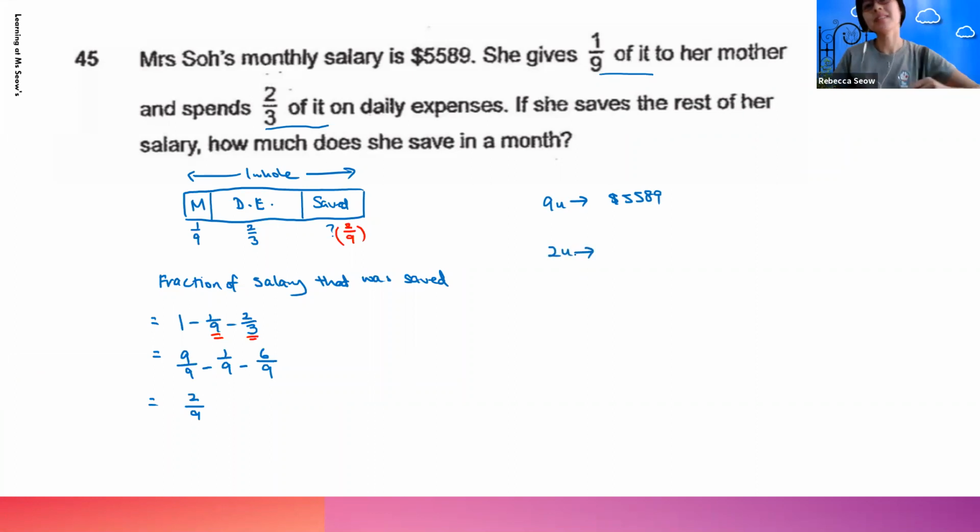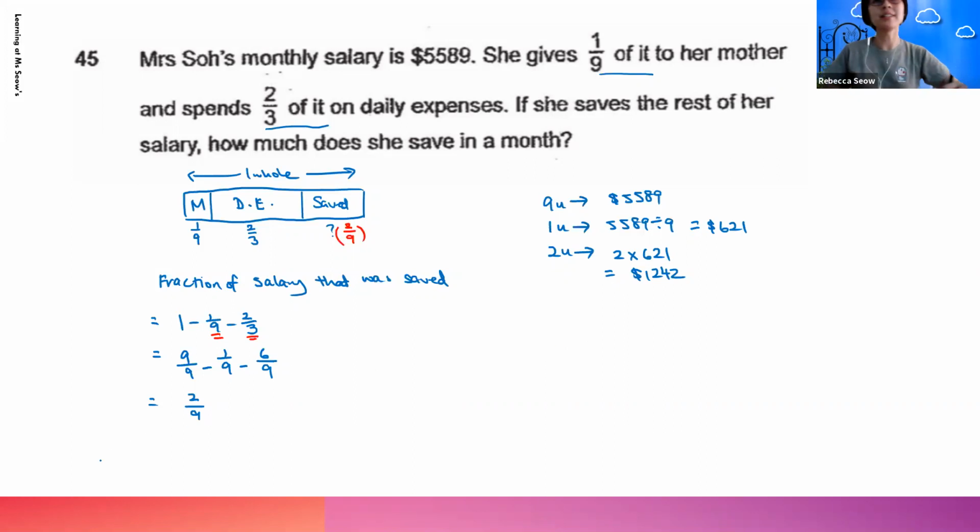The middle step that is missing would be to find what 1 unit is, which is 5,589 divided by 9. So 5,589 divided by 9, we will get 621. And for 2 units, we just multiply it by 2. That will be 1,242. This is a long method.